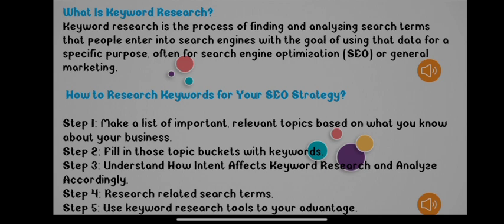We have to analyze and understand that. Based on that analysis, we can decide which keyword is good for us and which keyword we have to exclude. Next, step 4: research related search terms. It is just like we have done in step 1, where again we are confirming the information.